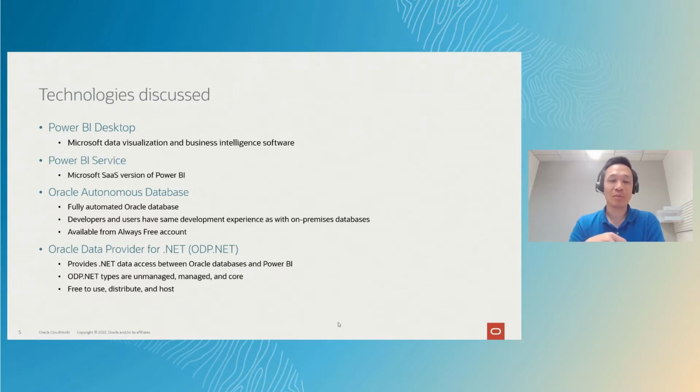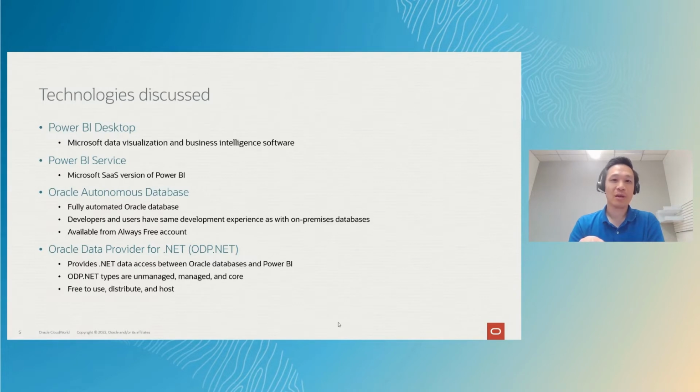Of course, Oracle on-premises database is already very commonly used with Power BI Desktop. So that's the data visualization software from Microsoft that's fairly popular. Power BI Service is the software as a service, or SaaS, version of that, same Power BI, and that's used in the Microsoft Cloud that can also connect to both Oracle Autonomous Database as well as on-premise Oracle databases.